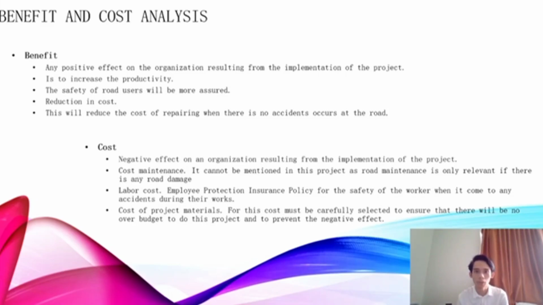This insurance will cover their bill of treatment. The third one is the cost of project material. This cost must be carefully selected to ensure that there will be no over budget for this project and to prevent the negative effect.